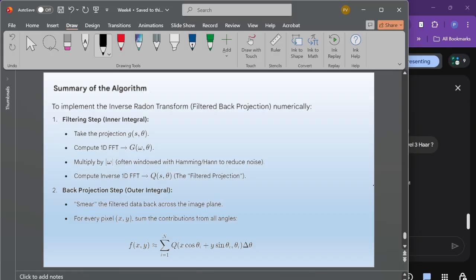So this is a summary of the algorithm to implement the inverse Radon transform with filtered back projection. There is a filtering step for the inner integral and a back projection step for the outer integral.